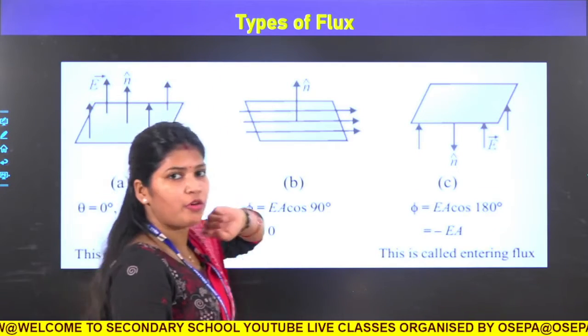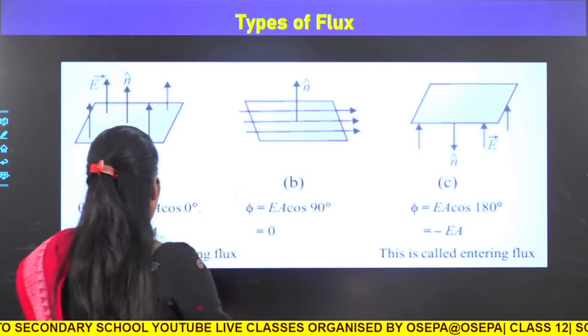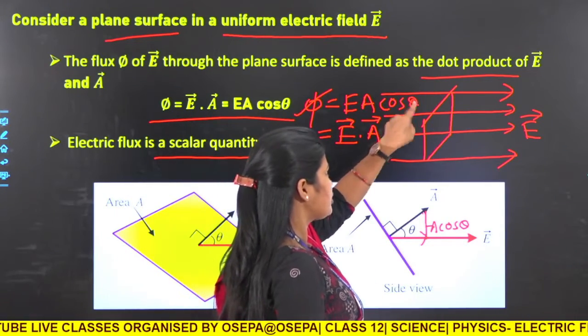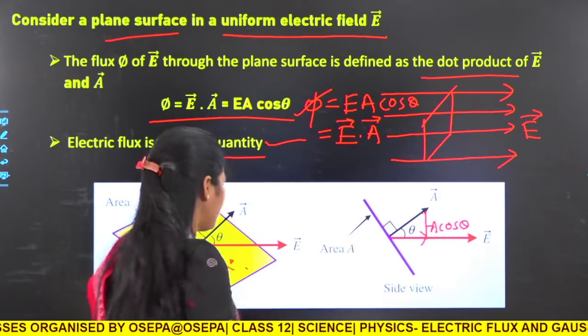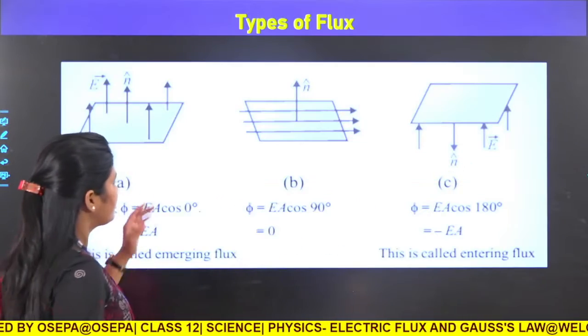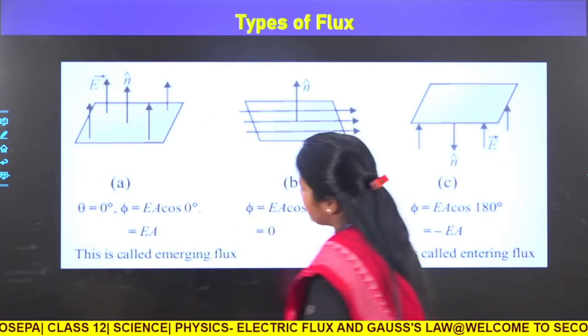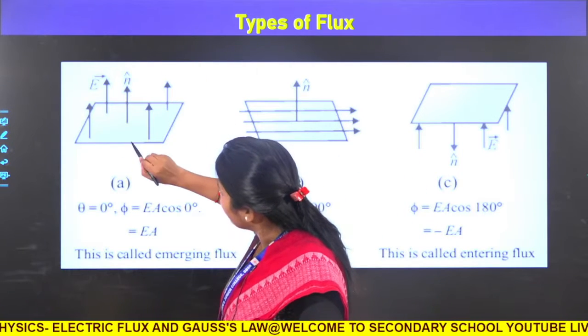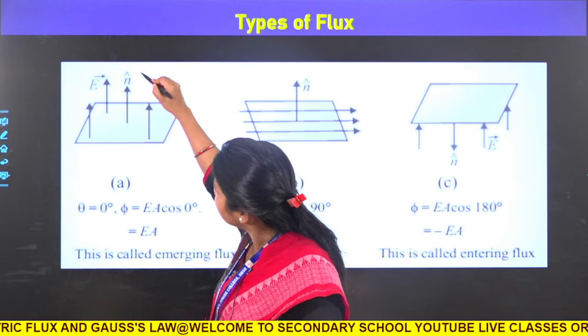What are the types of flux? Let's study the cases. Suppose theta is 0 degree. Then what will be the orientation? These are electric field vectors, and this is the area vector.